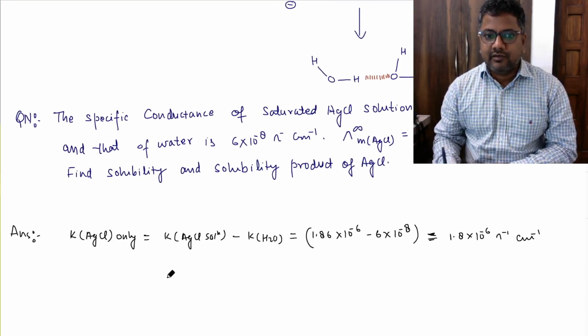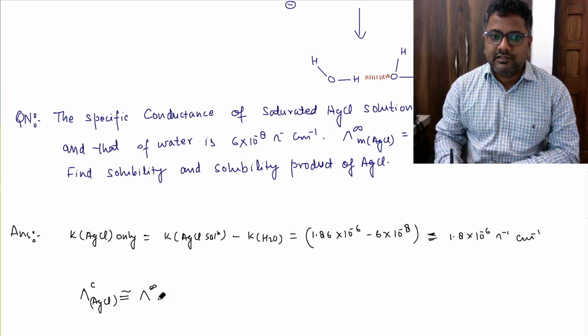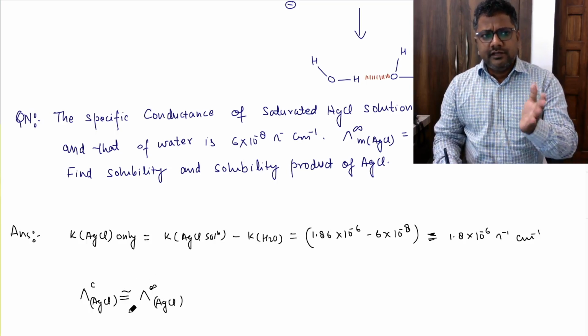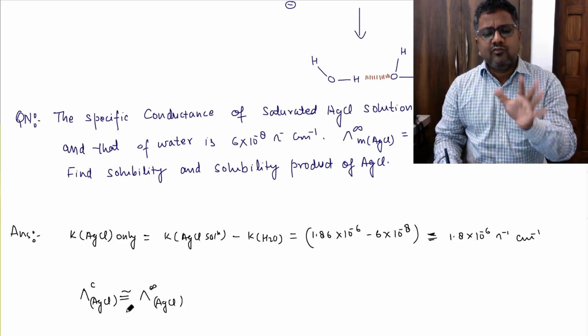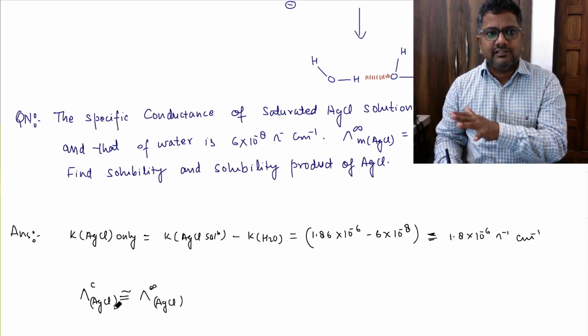Now see the formula I have told you, that the molar conductance of AgCl at a particular concentration you can take equal to lambda m infinite for AgCl. Why can we take this? Because in the saturated solution, the maximum quantity of AgCl that can be converted into the corresponding ions is fixed at a given temperature.